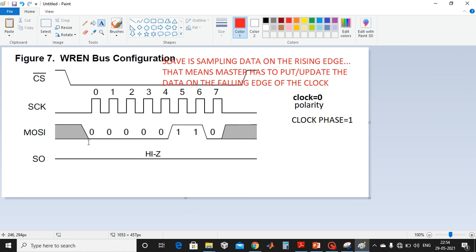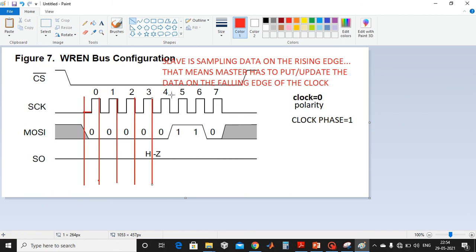So let's verify this. Suppose there must be a falling edge here. A falling edge must be here. So you can see that a high to low transition, that means master is updating its data on this falling edge. Now here is a falling edge, this is a falling edge, this is also a falling edge.